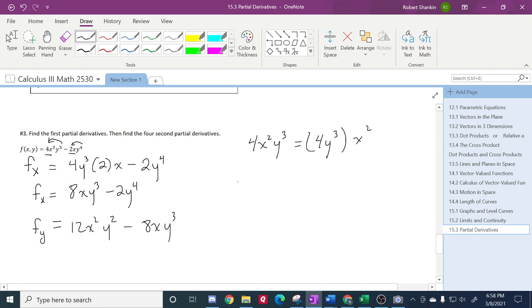For instance, you can take fxx. And fxx means the partial twice of f with respect to x. So you just do this one again. So let me give you a moment. Get fxx and get fyy.